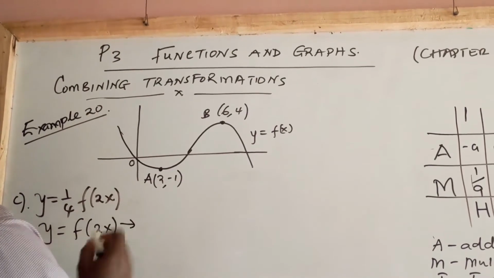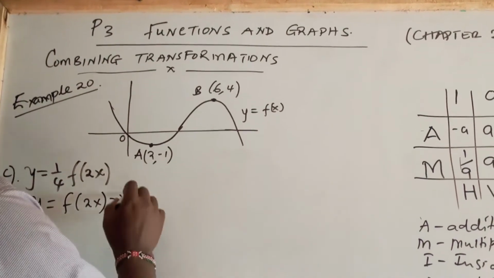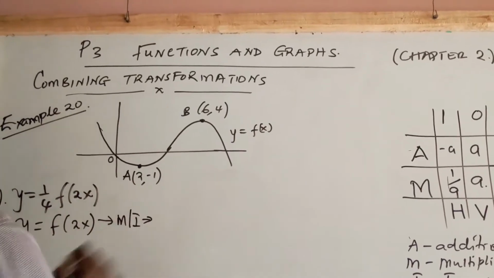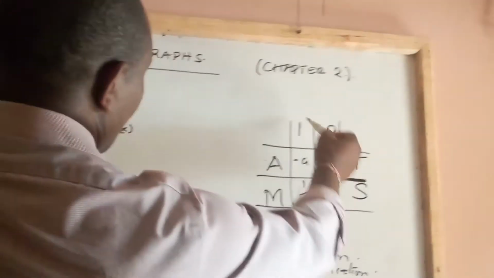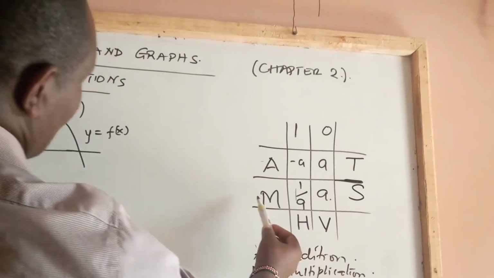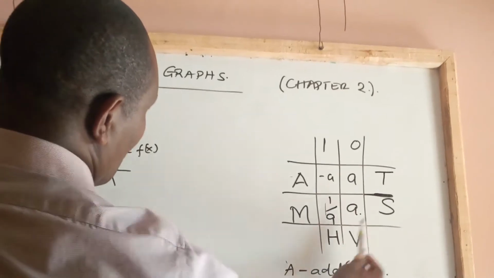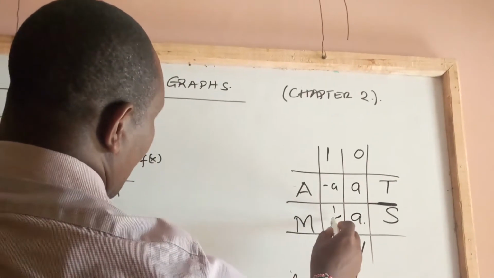What does this mean? Of course, you can see 2 is inside the bracket and it is multiplication inside. Multiplication inside is a horizontal stretch of scale factor 1 over a.